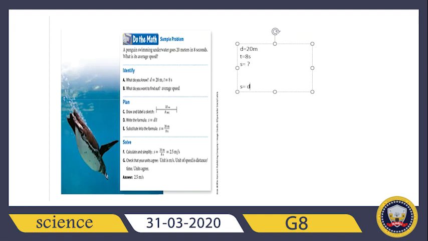So as you can see here, this is our formula that we will use to measure the average speed. Speed is equal to distance over time. Now we need just to substitute the values that we have into this formula.